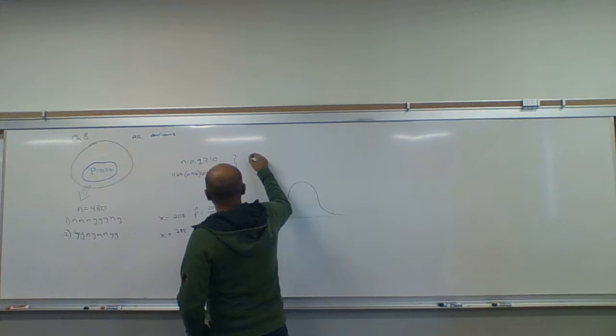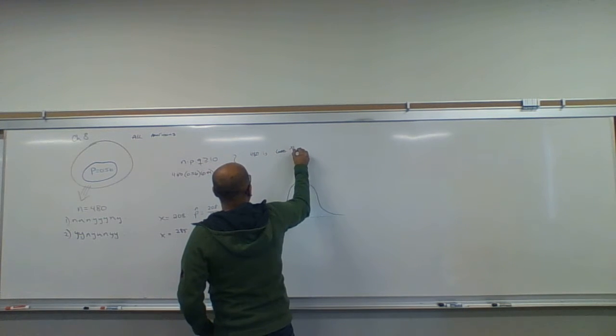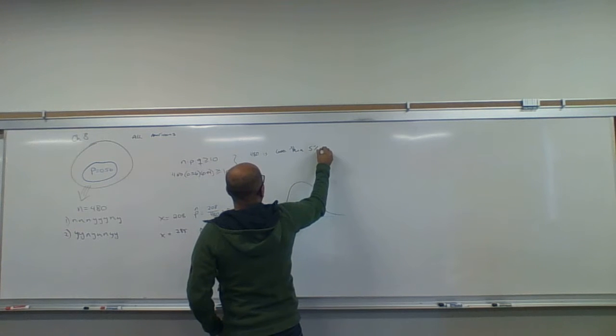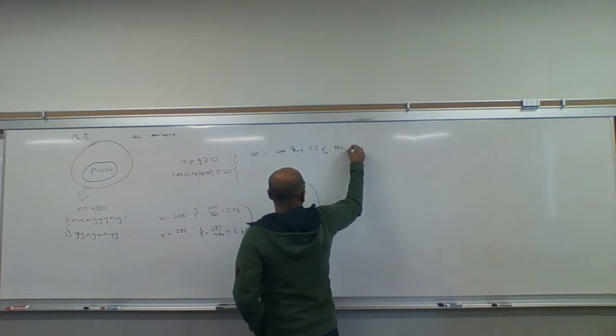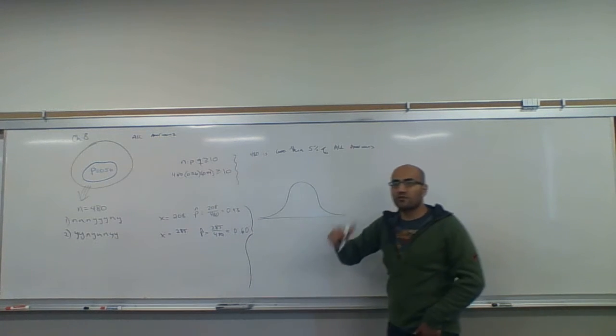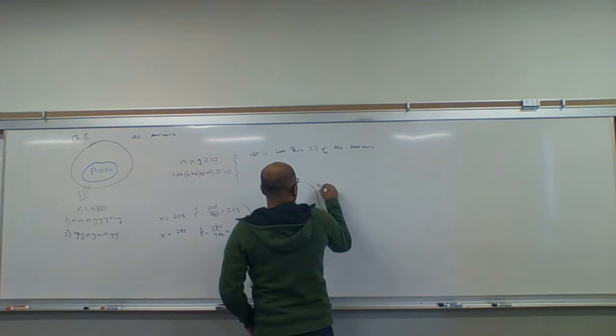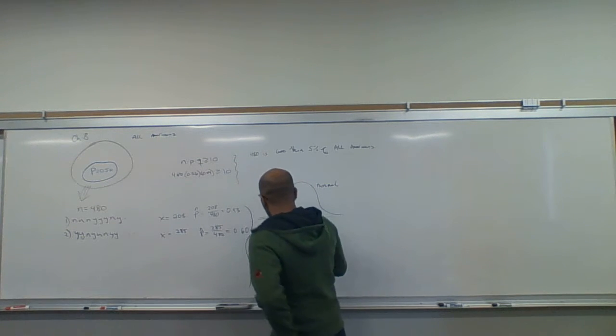So 480 is less than 5% of all Americans, so we're good. We've satisfied both conditions, so this is going to be a normal sampling distribution.